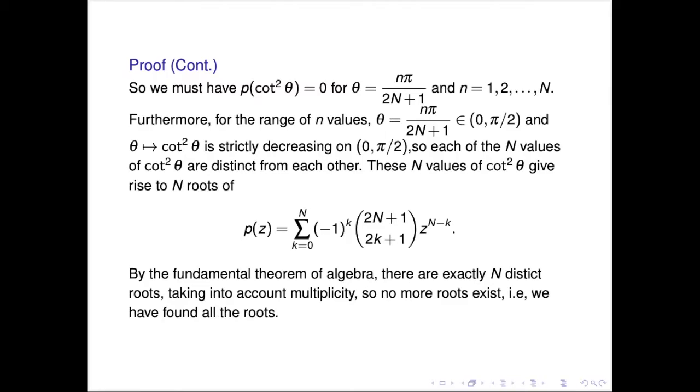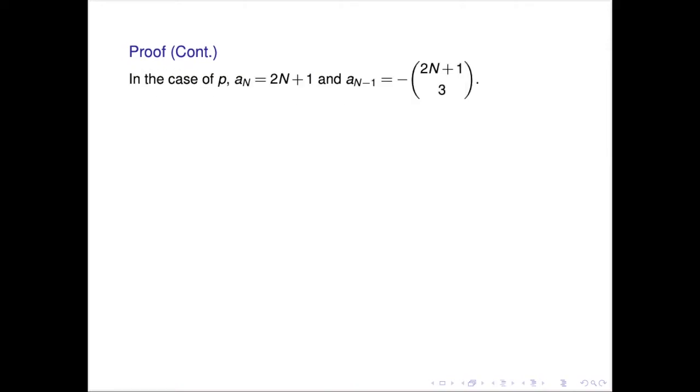And now from an earlier remark, we can deduce what the sum of all these roots is. So in the case of p, the coefficient on z^N is 2N+1, because we simply take k to be equal to 0 and we get (2N+1 choose 1), which is 2N+1, and the coefficient on z^(N−1) is negative (2N+1 choose 3).